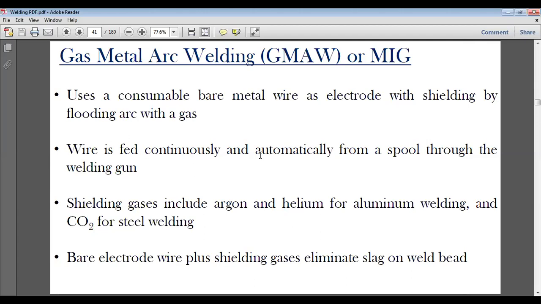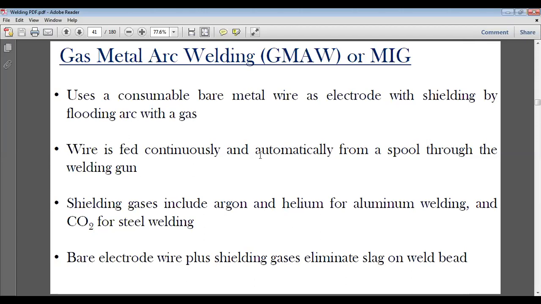So this is a combination of molten metal electrode along with a neutral gas environment, and the neutral gas environment basically covers the whole molten metal. Shielding gas includes argon and helium for aluminum welding and CO2 for steel welding. So this way we use inert gas to protect the molten pool from the environment.